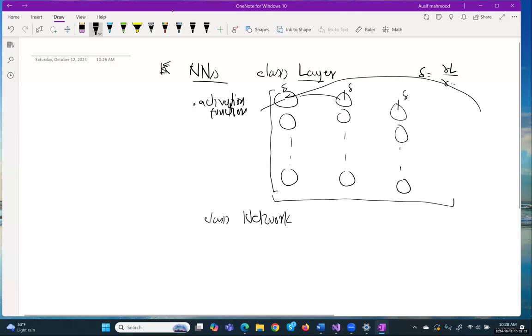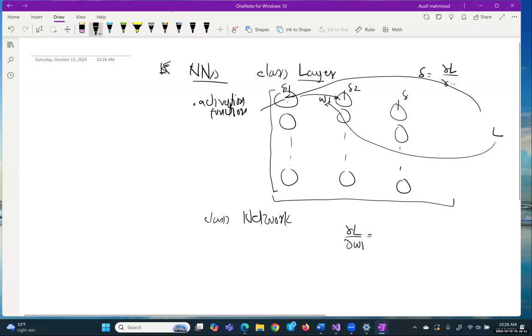If there are weights connecting one layer to another, with delta 1 and delta 2, what is the relationship? For example, what is partial L over partial W1 in our example?